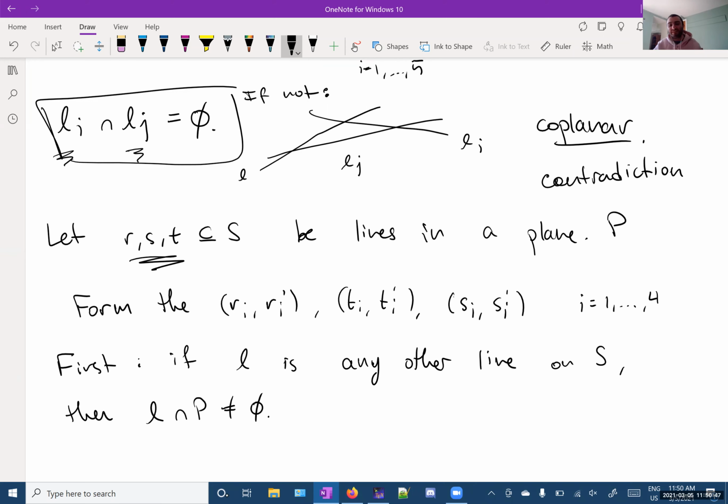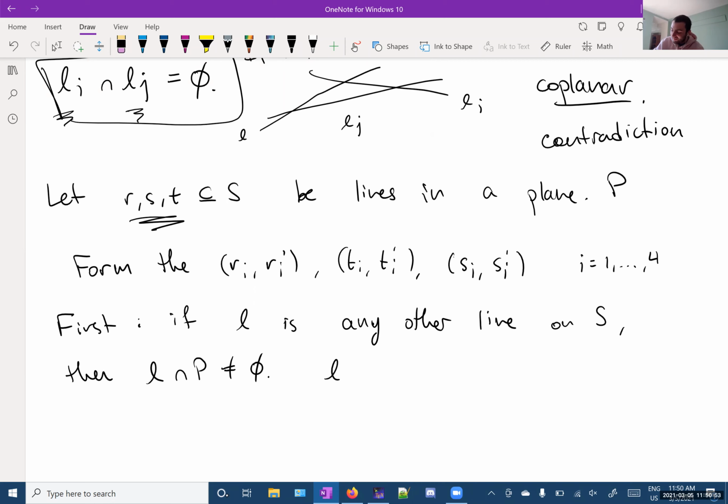Right, but L is contained in S, so it intersects P intersect S. This is non-empty, but P intersect S is just R and S and T, right? This is R union S union T.